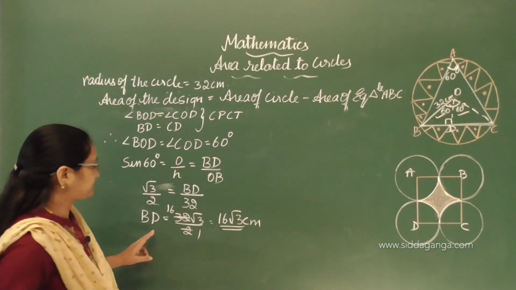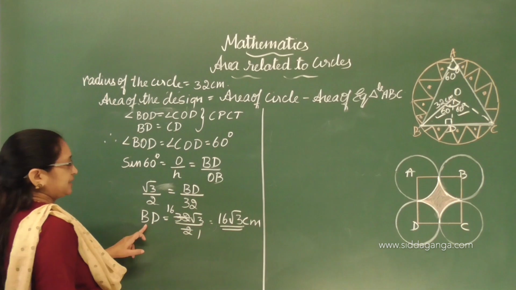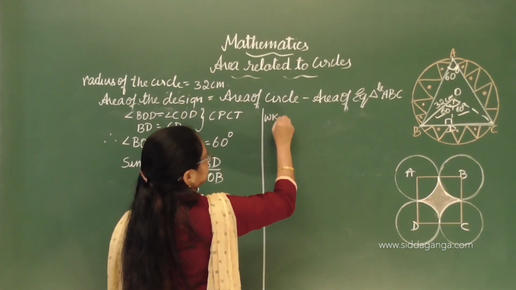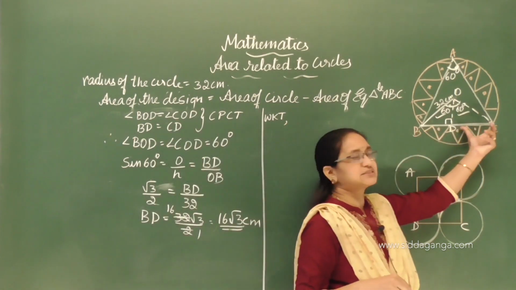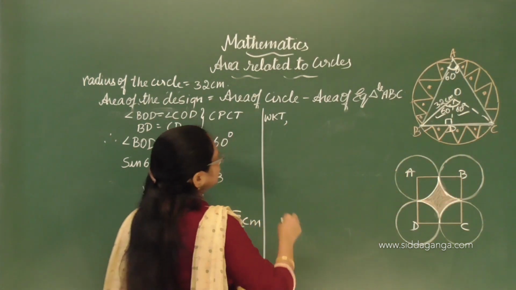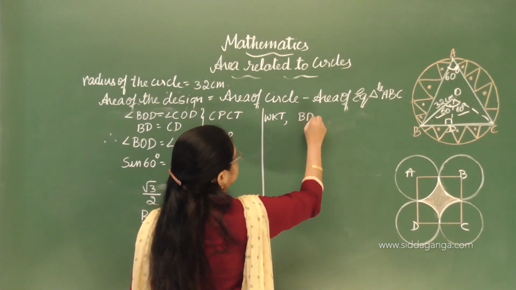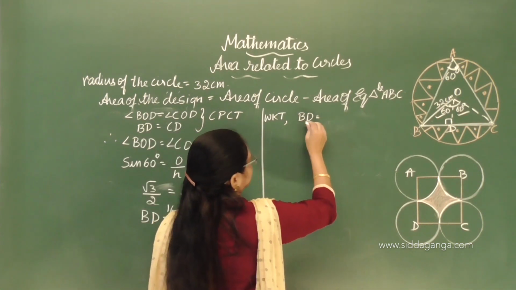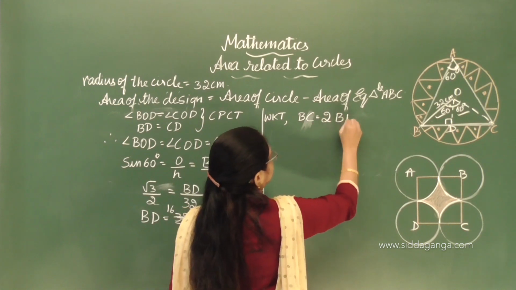So next, I will write here. See, BD, I hope you understood. Now already we proved that BD is equal to DC. So BC is equal to 2 times BD, correct.